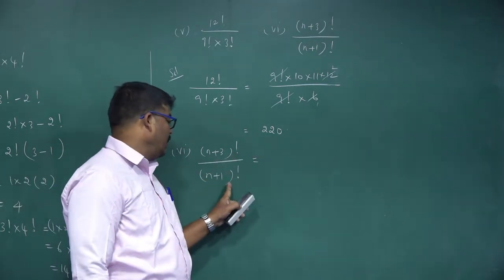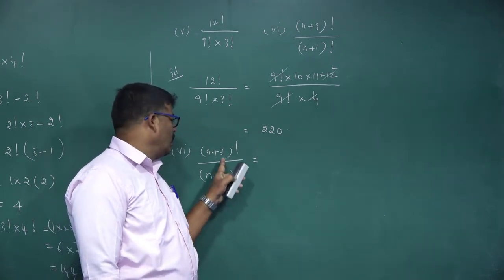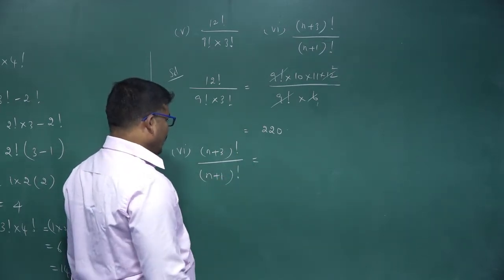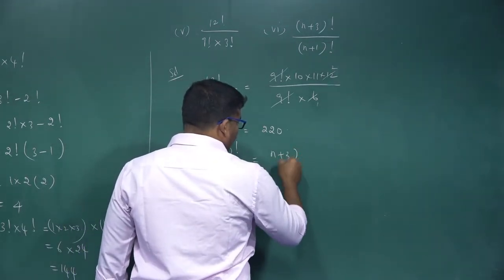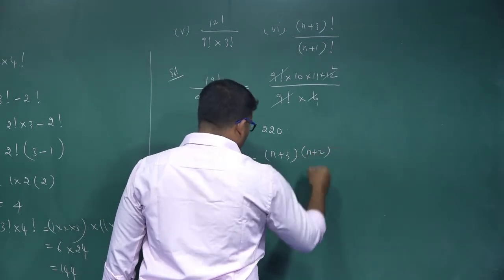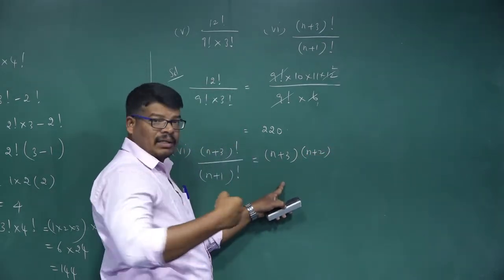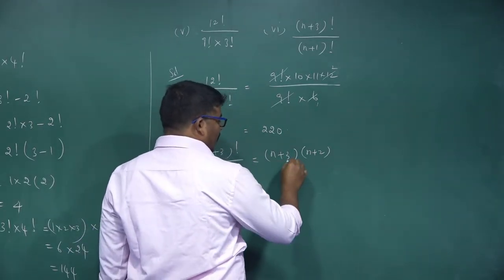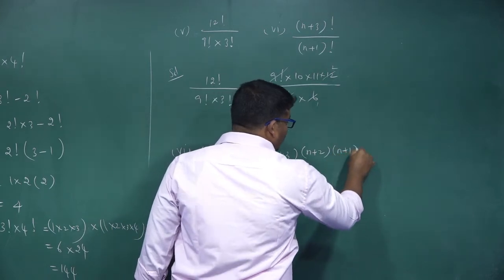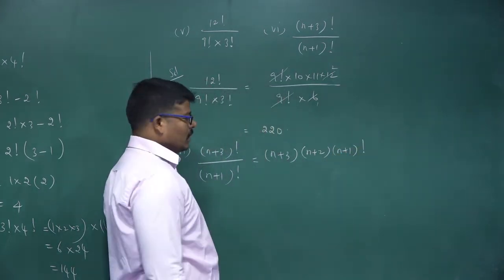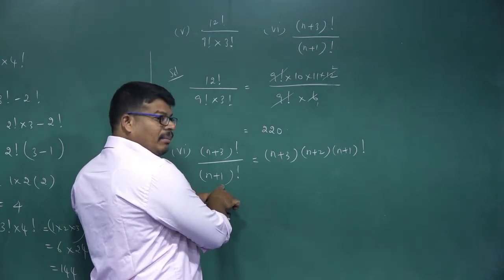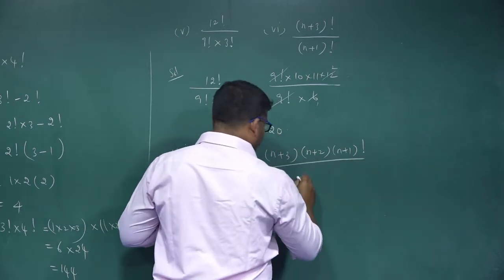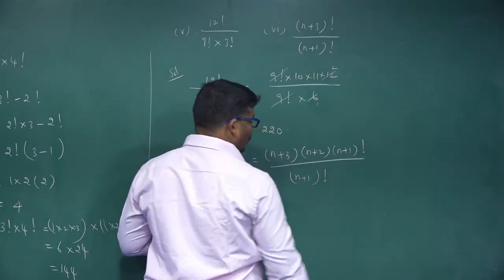Now write n plus 3 factorial as n plus 3 into n plus 2 into n plus 1 factorial, reducing the values by subtracting 1 each time. The denominator is n plus 1 factorial.